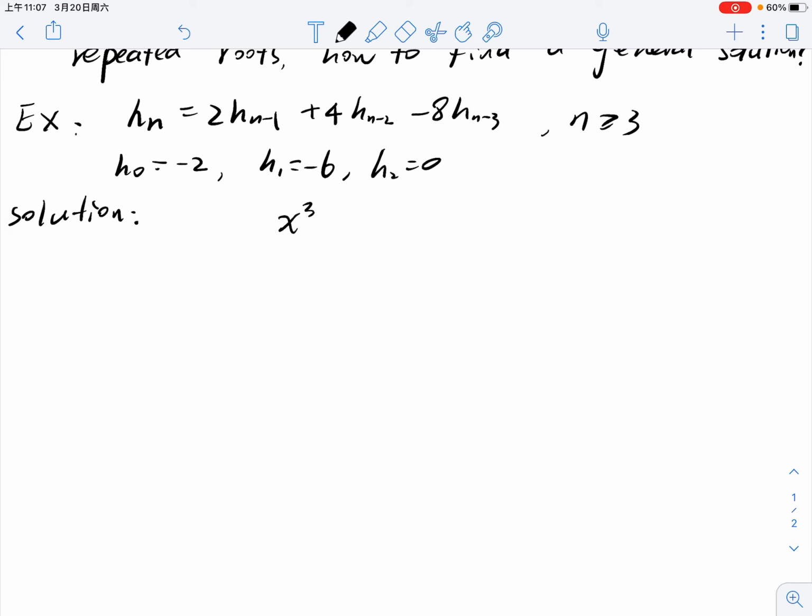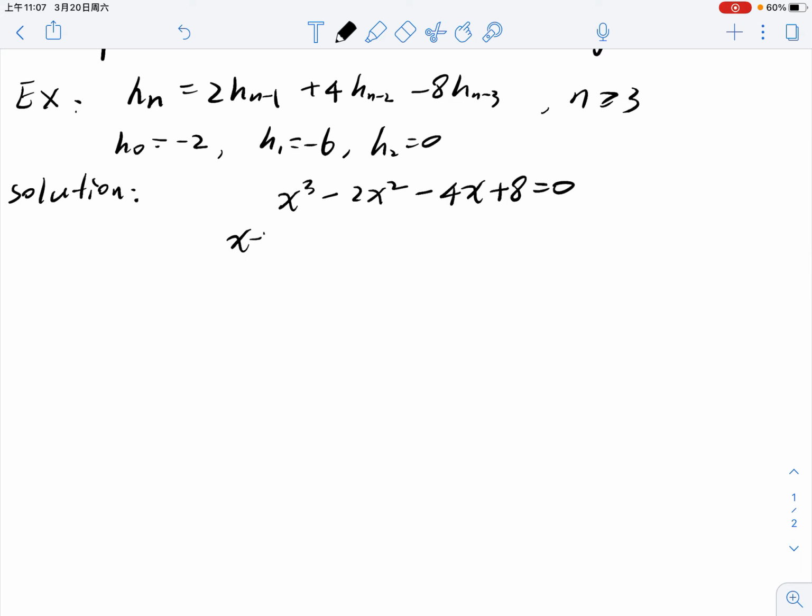First, we consider the characteristic polynomial or equation, and you can factor it and find that this will be (x minus 2) times (x squared minus 4) equals 0. Furthermore, you get (x minus 2) squared times (x plus 2) equals 0.